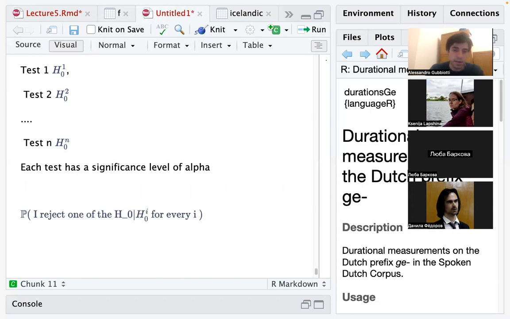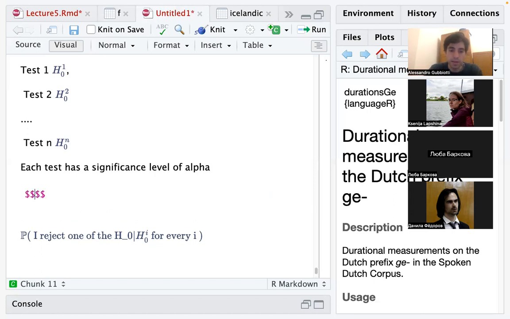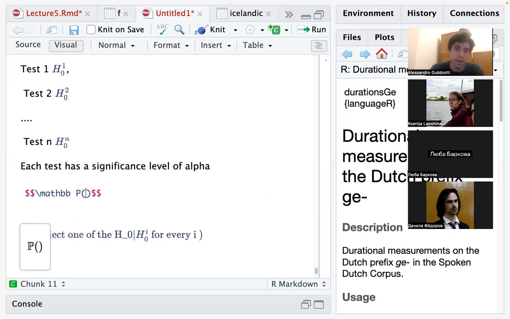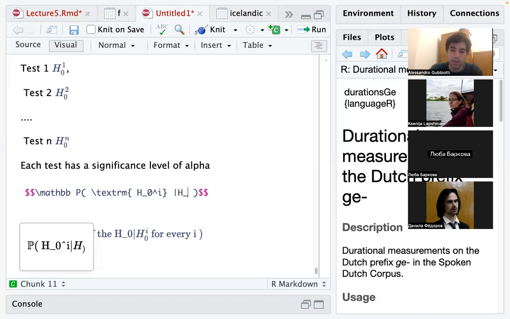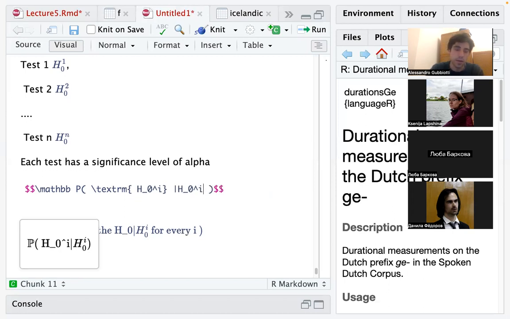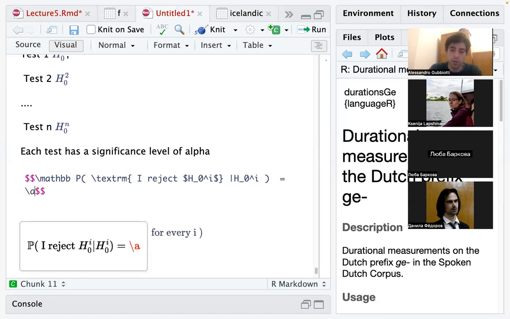So let me recall, a significance level of alpha means that the probability that I reject H0 in a particular test, say the test i, provided that H0 i holds, is equal to alpha, more or less, smaller or equal usually.